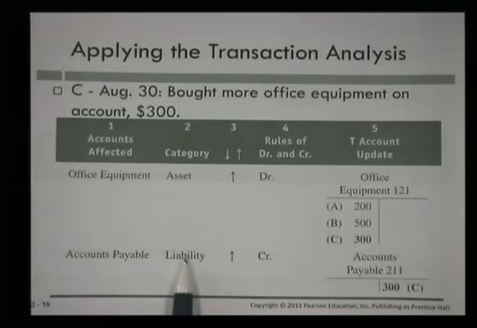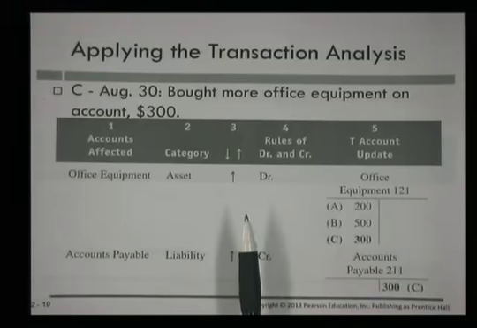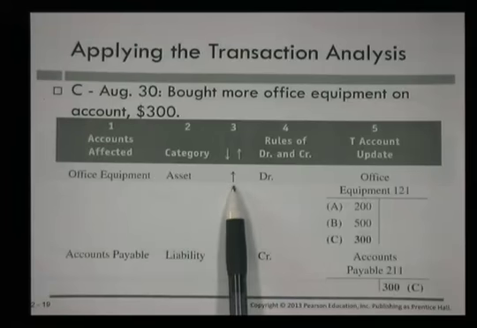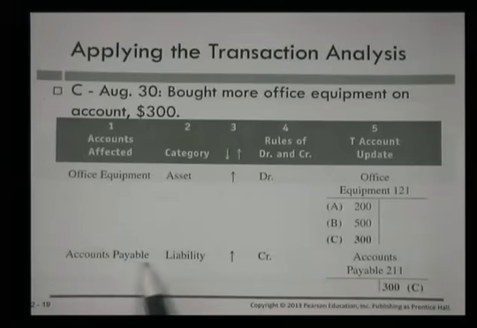Accounts payable is a liability. Now, how will these accounts be affected, increased or decreased? Well, office equipment is going to be increased because I'm getting more office equipment. And then accounts payable is going to increase because I'm increasing the amount of money I will pay in the future. So they're both increased.